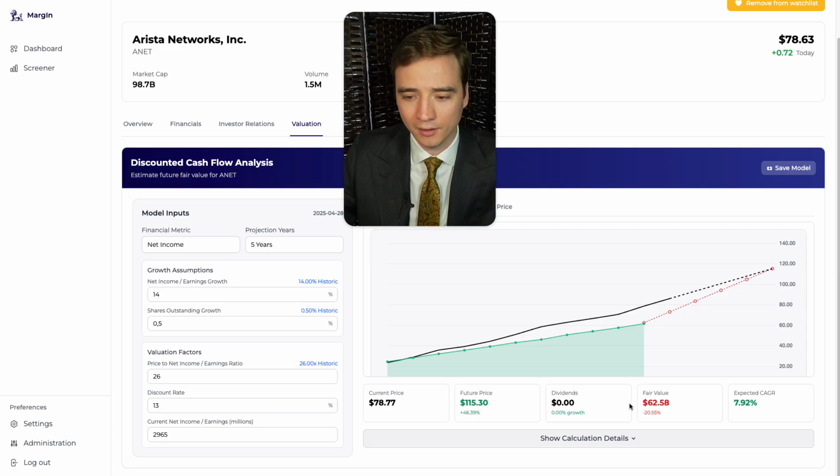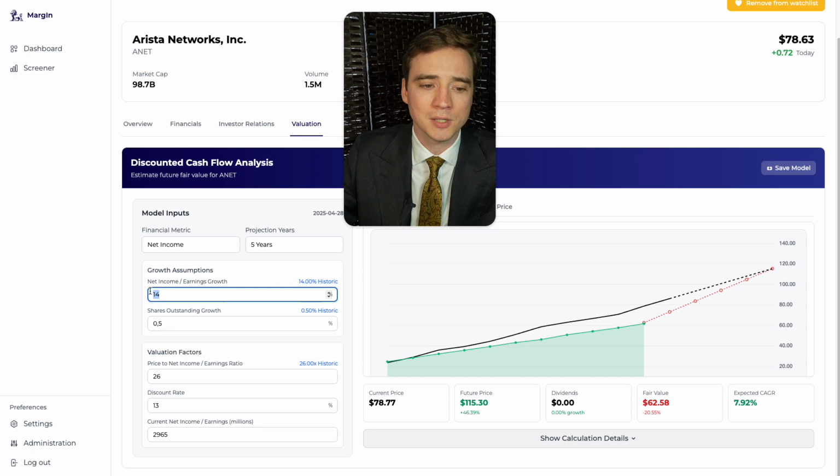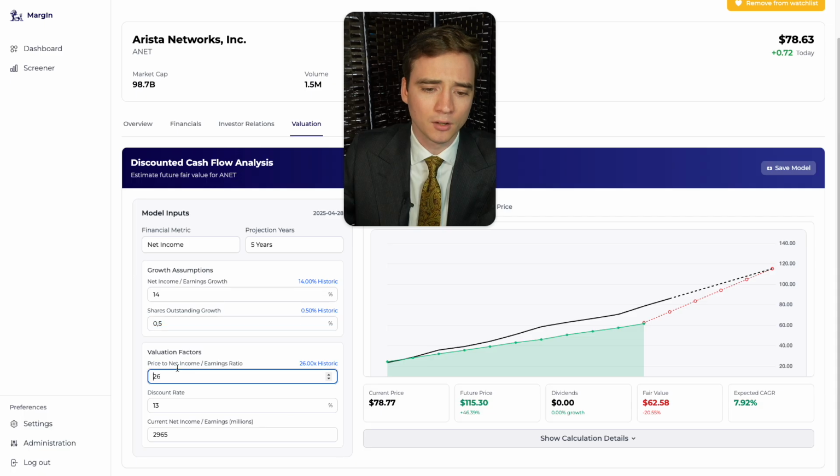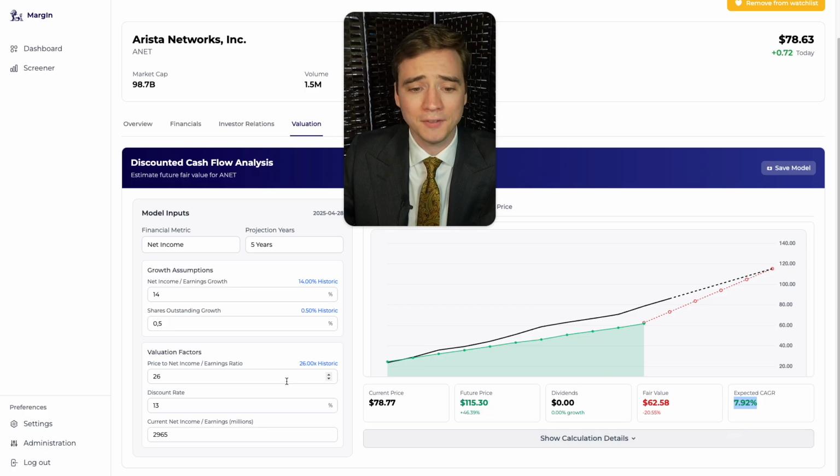So it's all here, and you can see that the fair price will be around $62 for this company if we estimate 14% growth rate with 0.5% dilution per share for shareholders every year. We want a P/E ratio of 26 in 5 years, and we have a discount rate of 13. So the fair value will be 62. If we buy at this price, we'll have 7.92%. It excludes the dividend because there is no dividend for the company right now.